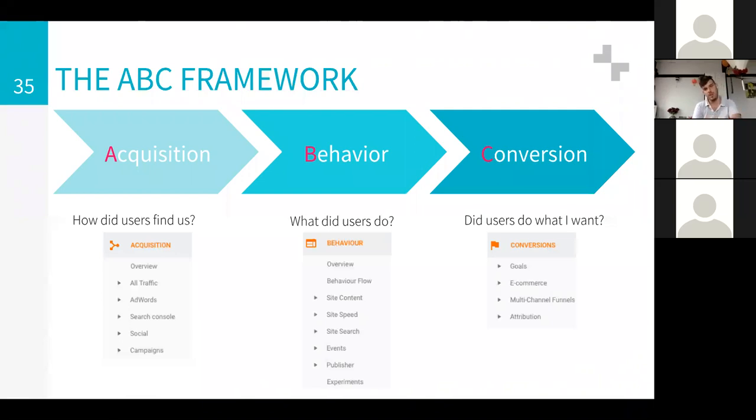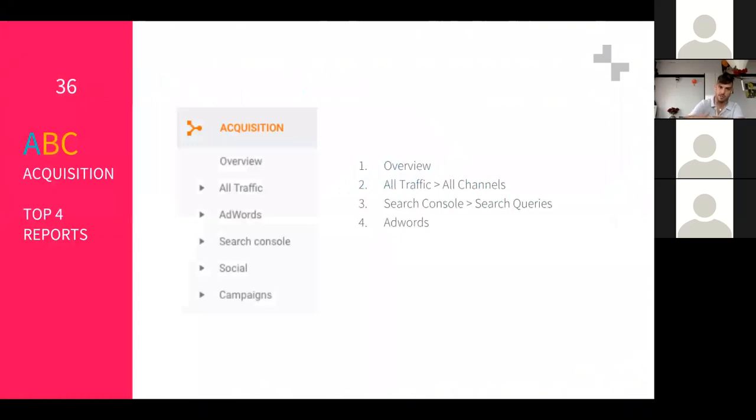And then the conversion, so that's where it's really important for you to define the goals or to have e-commerce set up, is did they do what I wanted them to do? Because it's not just having people coming to your site, it's also making sure that they will convert. So we'll start with the acquisition.